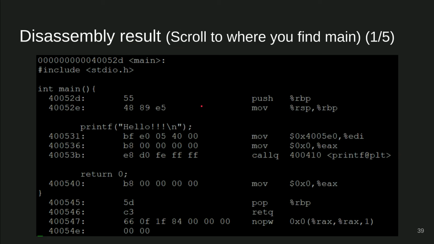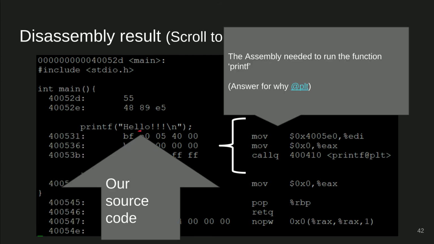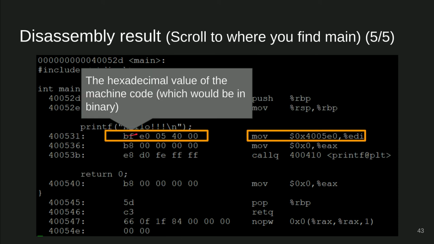This objdump tool shows us stuff that is familiar to us, like where a printf instruction is, the address that instruction's executing, and then the actual ones and zeros right here. So here's the memory address, our source code, the assembly needed. This print command looks like it needs 3 assembly instructions, and then the hexadecimal code.